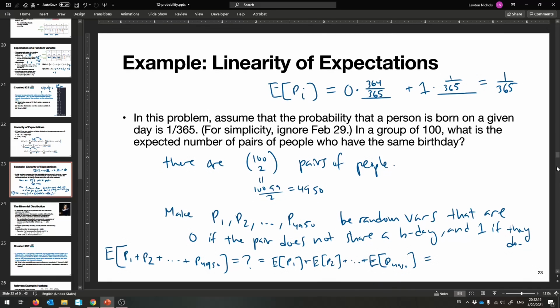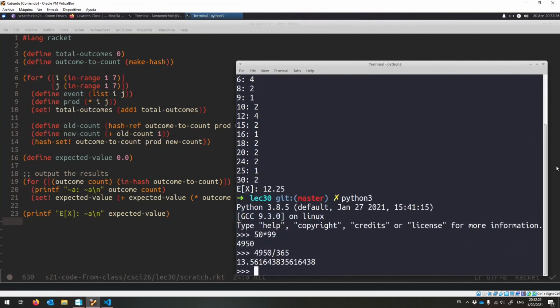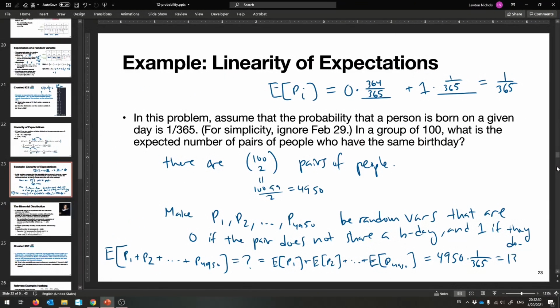So I have 4950 times 1 over 365, and this comes out to a nice number. That's about 13.6. So you can expect to see 13.6 pairs of people, apparently, to have the same birthday, out of a group of 100.